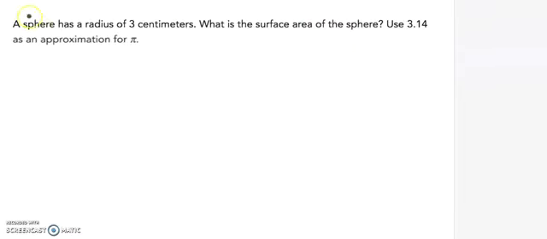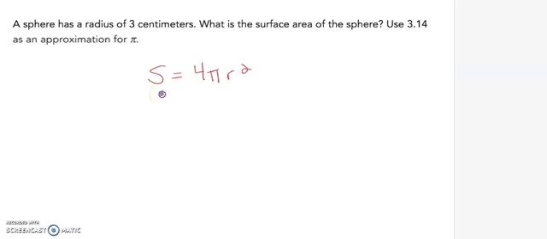So the first one here, a sphere has a radius of 3 centimeters. What's the surface area? Let's do this. Surface area equals 4 pi r squared.